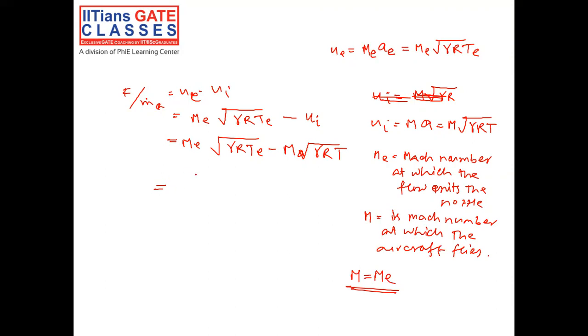So from this equation, we can take root over gamma R Ta common, and as Me is equal to M, this will simply give us M root over gamma R Ta times (root over Te by Ta minus 1).